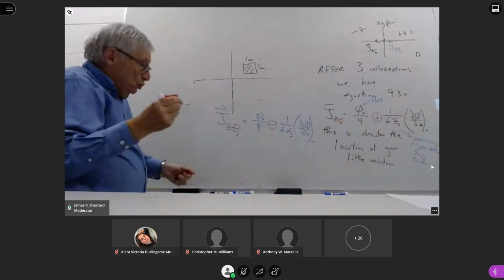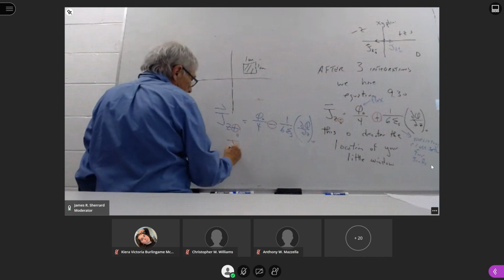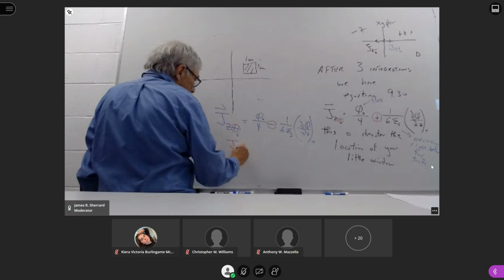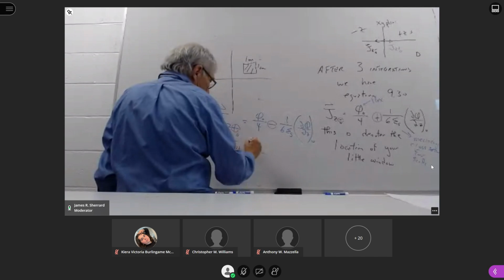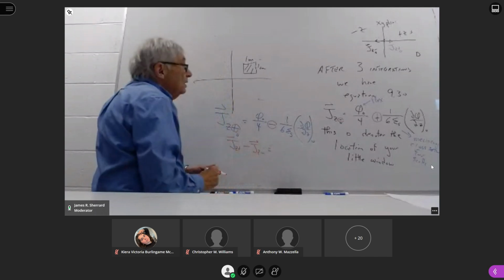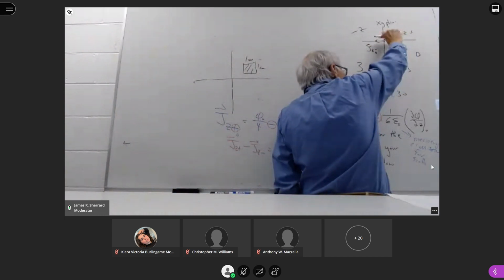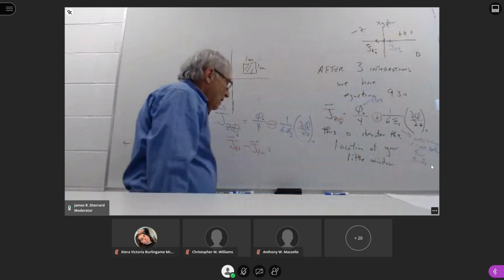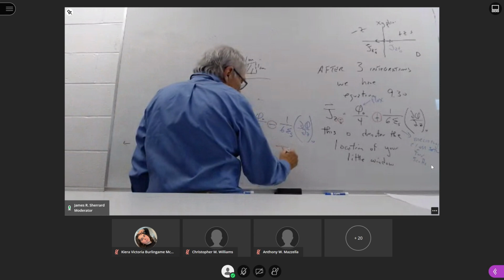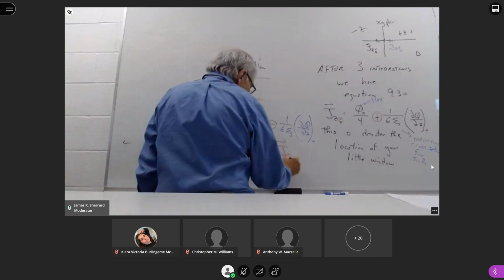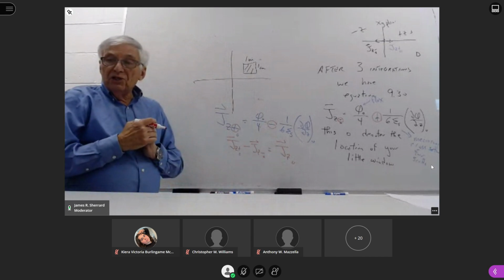So if we combine the two, if we look at what's going in the plus z direction through my little window, and we look at what's going in the negative z direction through my little window, that will be the total neutron current density going through my little window in the plus z direction.